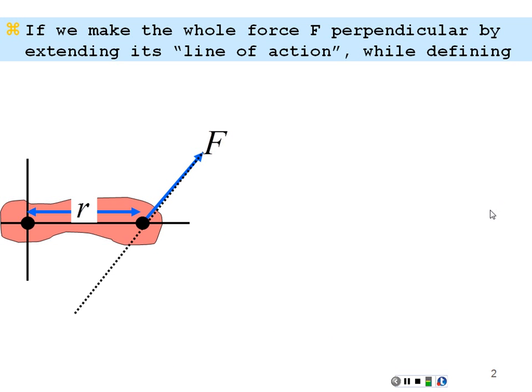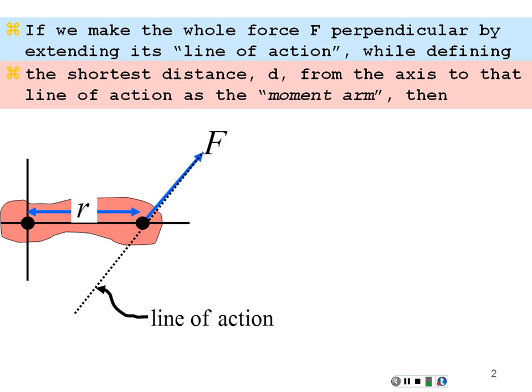If we were to extend the line of action of our force, so if I have a force like here, and I extend a line of action, which is a line that is infinitely long along the same direction as the force, and I find the shortest distance to that line of action, I'm going to call that distance the moment arm, and that will be this distance d.